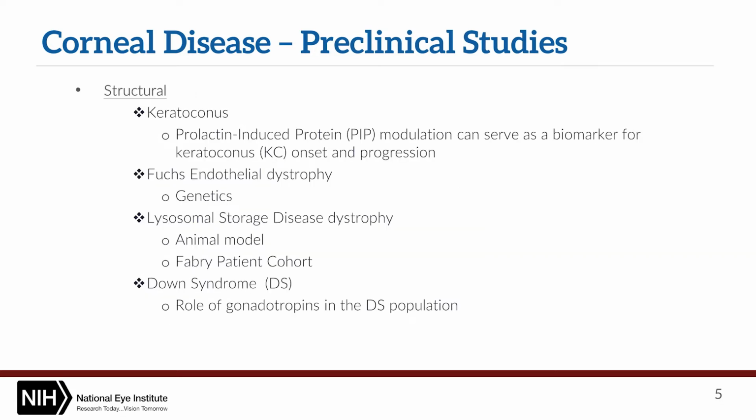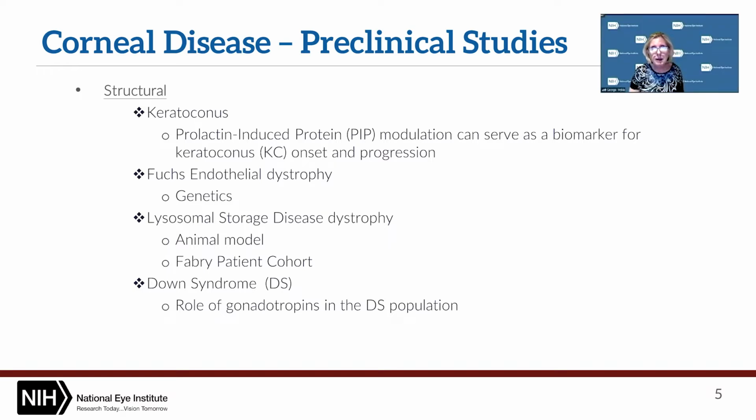Slide, Corneal Disease, Preclinical Studies Continued. We also have applications which I've binned into something I call structural, because these are diseases that affect the overall structure of the cornea. For example, keratoconus, we have an application looking at prolactin-induced protein modulation serving as a biomarker for keratoconus onset and progression. Looking at genetics of Fuchs endothelial dystrophy, and even lysosomal storage disease dystrophies.